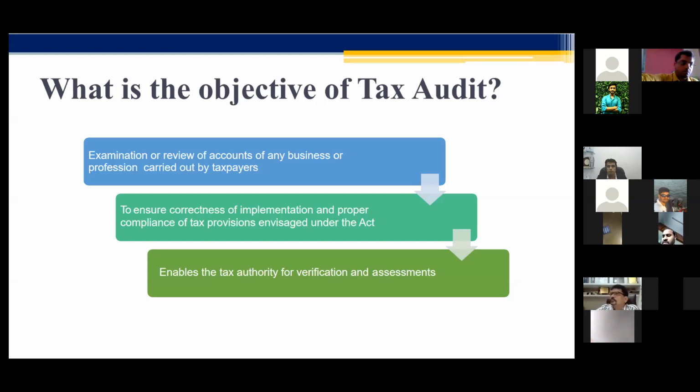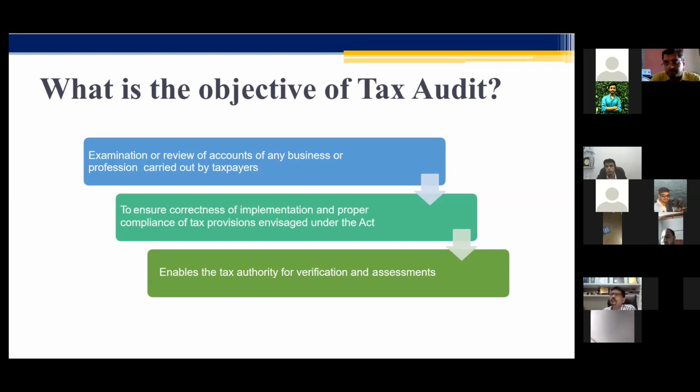Third, it enables the tax authority for verification and assessment. Technically, the objective of tax audit when it came, as I know, was that once the tax audit is done, whether the assessment is at all required, because most of the sections would be covered in the clauses: allowances, disallowances, whether it's capital, whether it's revenue, whether it's personal expenses, tax audit provides for it.